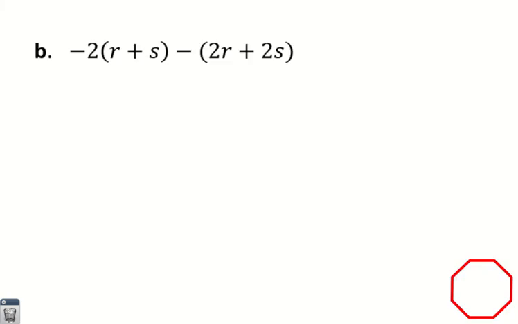One more example. In order to simplify this, first we're going to have to clear the parentheses by doing what property? The distributive property, of course. So again, you're not going to be able to combine like terms until you clear away these bubbles, these parentheses.